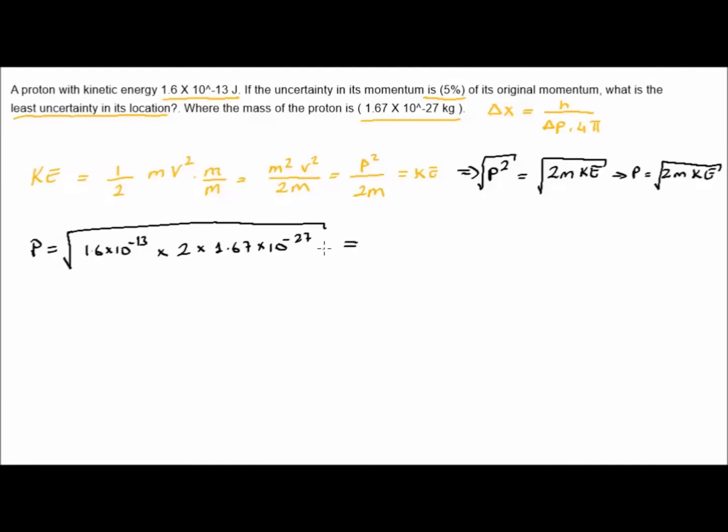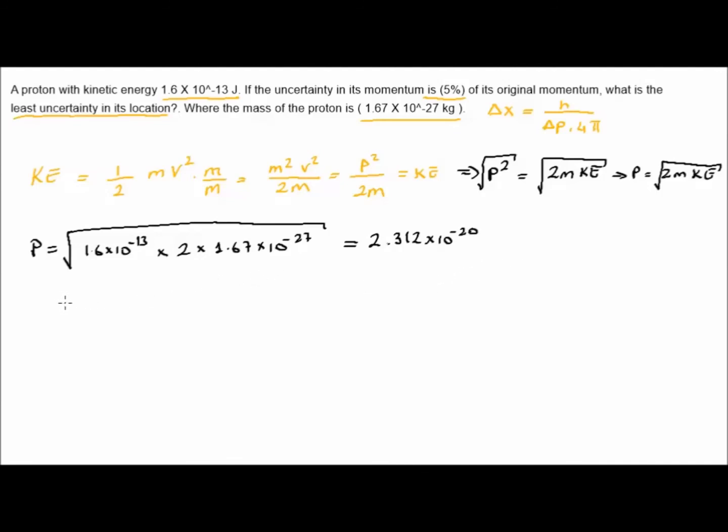The result is going to be 2.312 times 10 to minus 20. And we calculated the momentum.